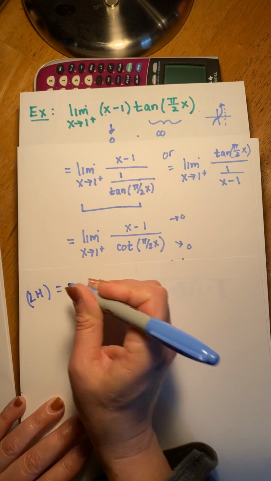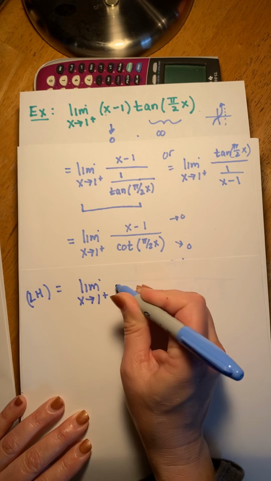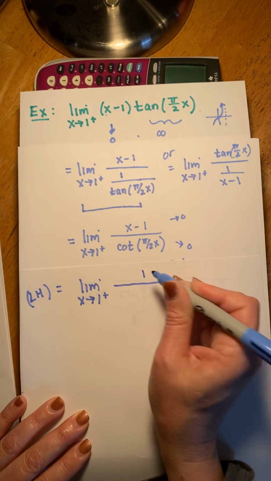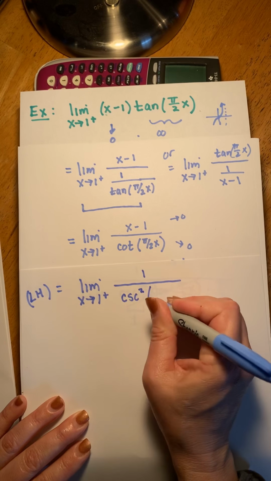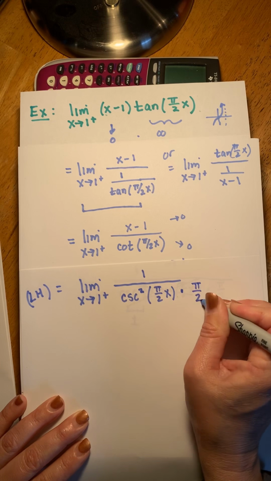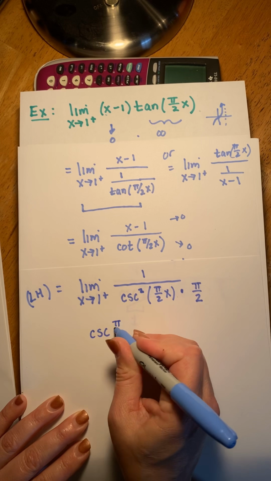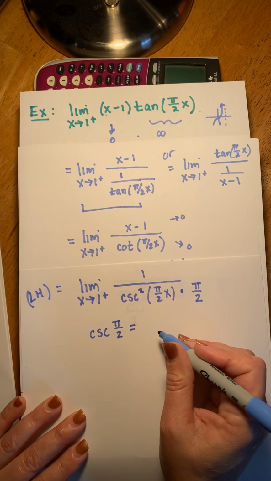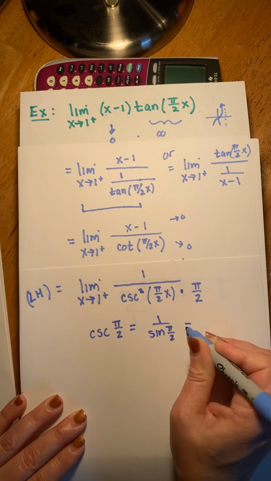L'Hopital's rule: the derivative of the top is 1. The derivative of the cotangent is the cosecant squared of pi over 2x times the derivative of what's inside. The cosecant of pi over 2 is equal to 1 over the sine of pi over 2, which is equal to 1.